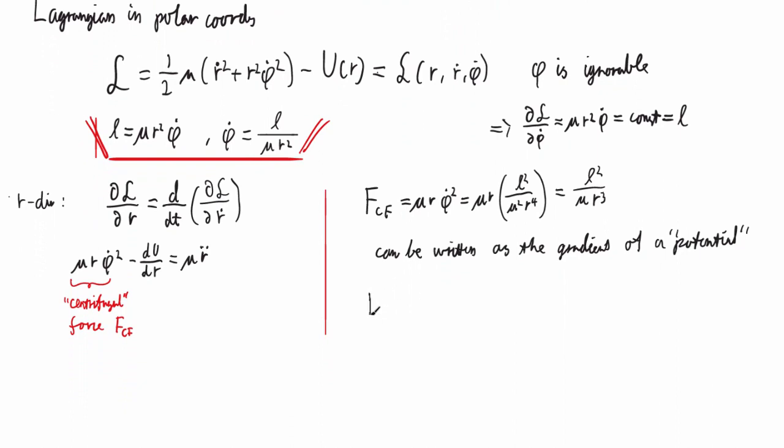So we can see that FCF equals minus d dr of L squared divided by 2 mu r squared. And I'm going to call this expression U of CF, the centrifugal potential.